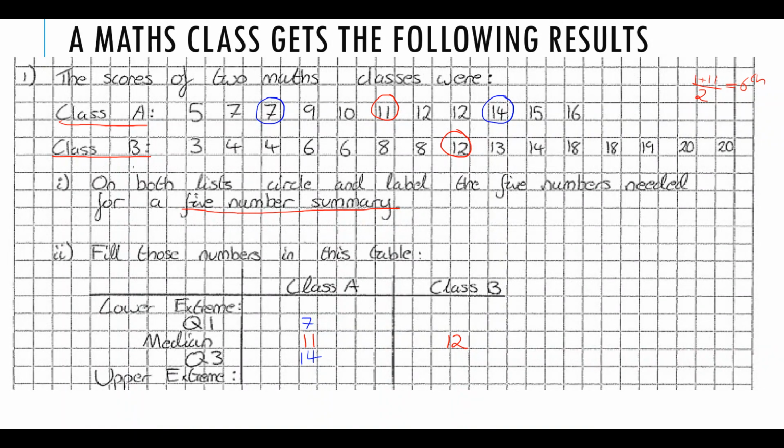For Class B, there are 7 numbers on the left and on the right of the median, so the 4th number is halfway between the 1st and the 7th. So the 4th number is 6, and the 4th number over here is 18.